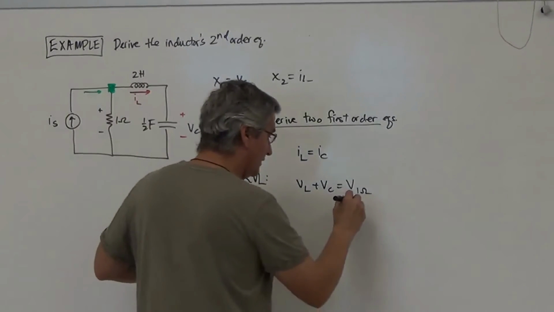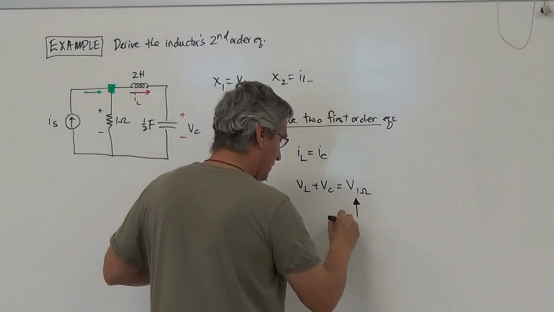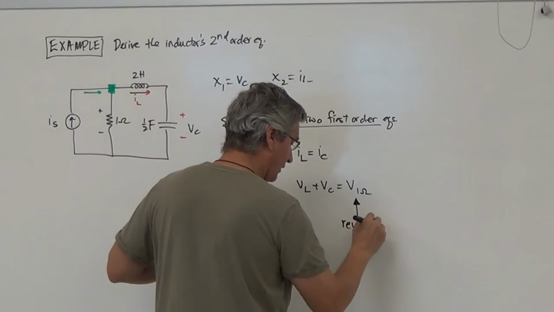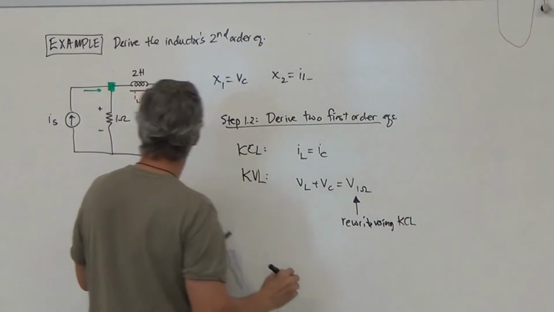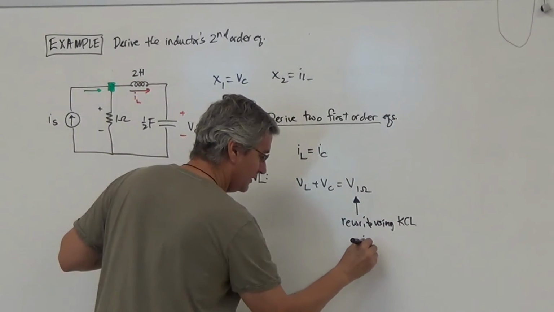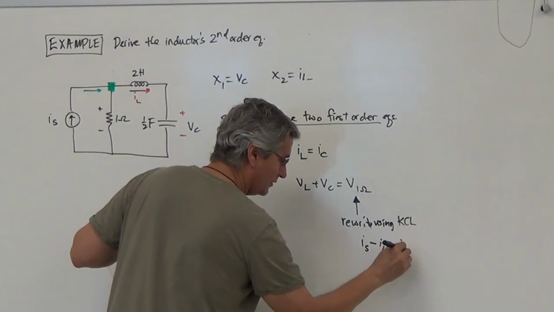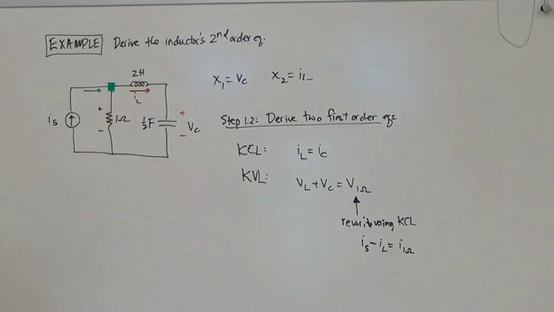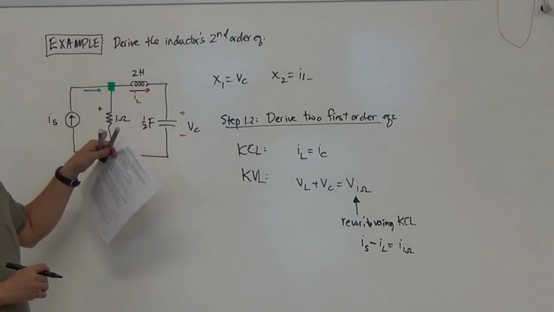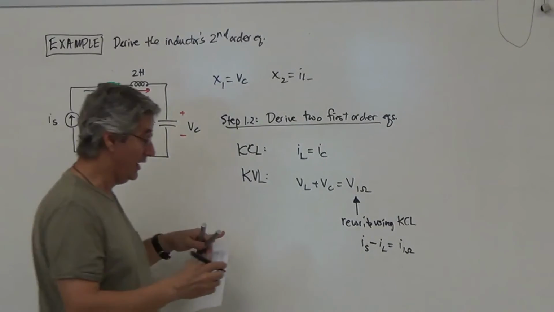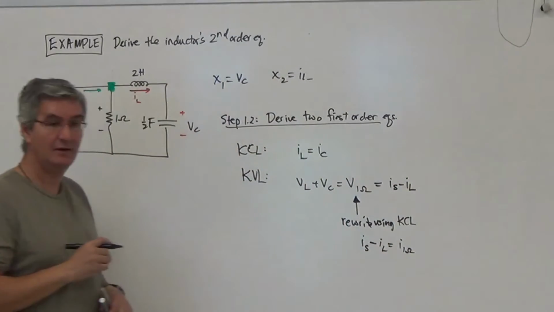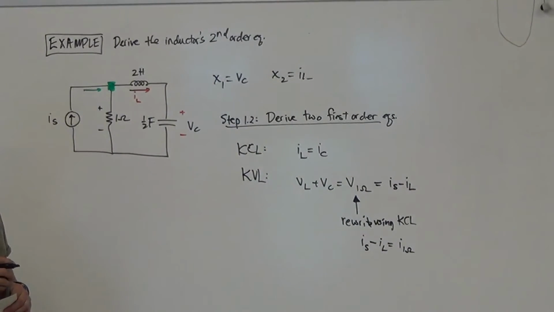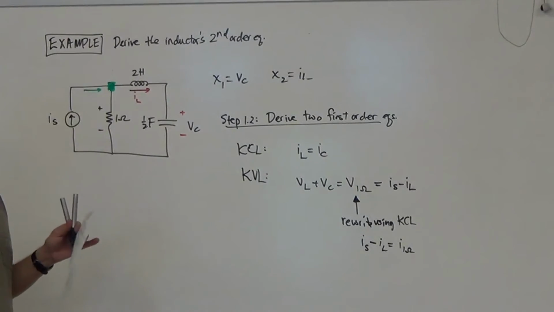So using KCL, I source minus IL has to be the current across the 1 ohm resistor. Since V and I for a 1 ohm resistor are the same, I'm going to replace this with IS minus IL. And that's the end of step 2.